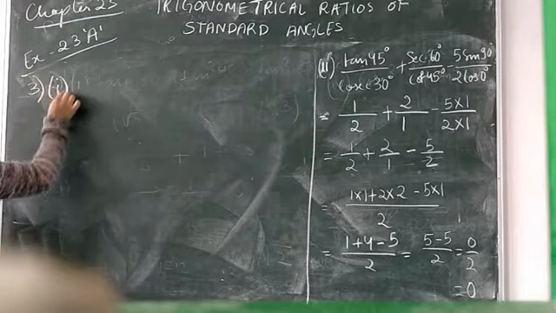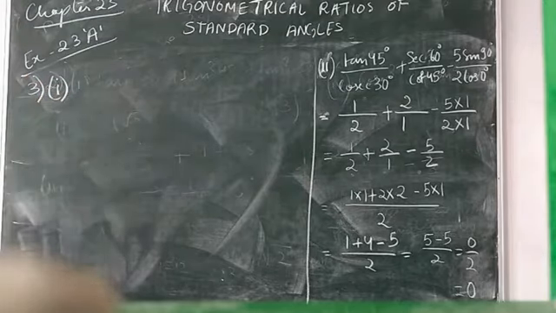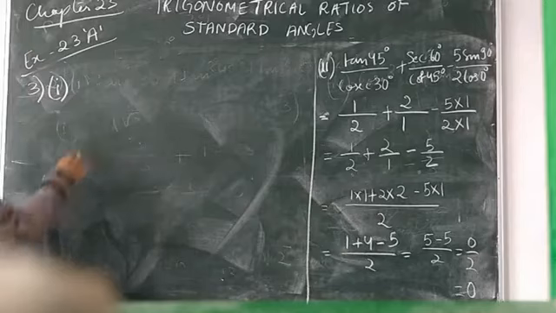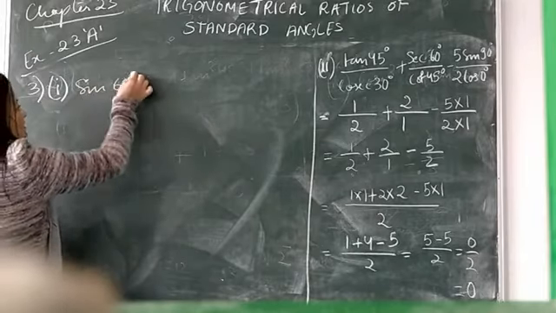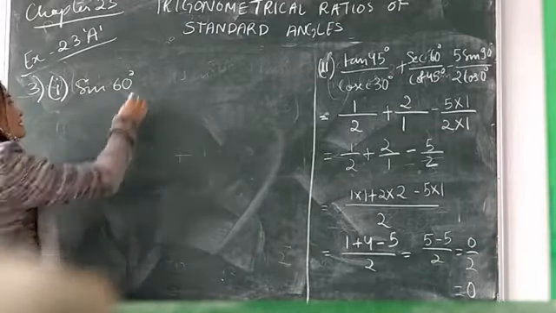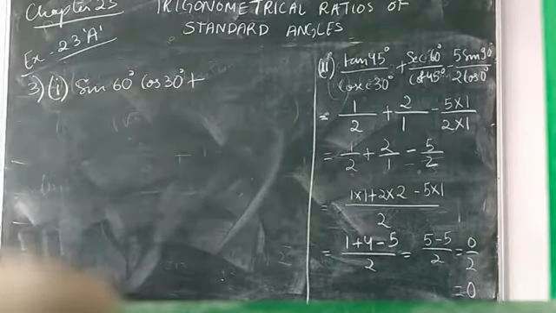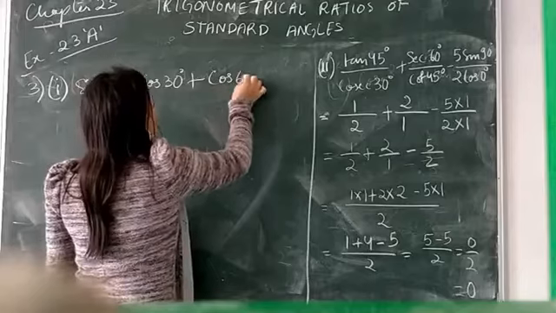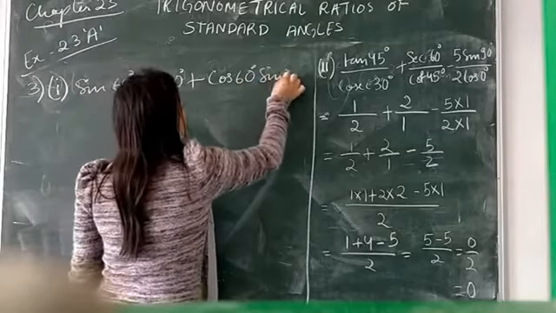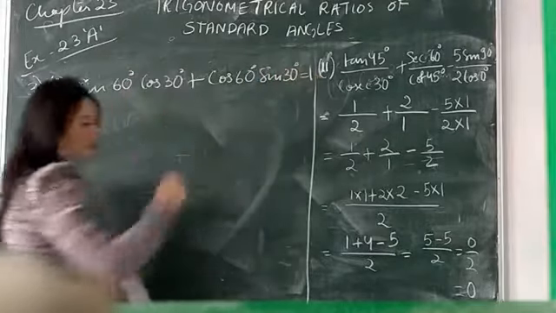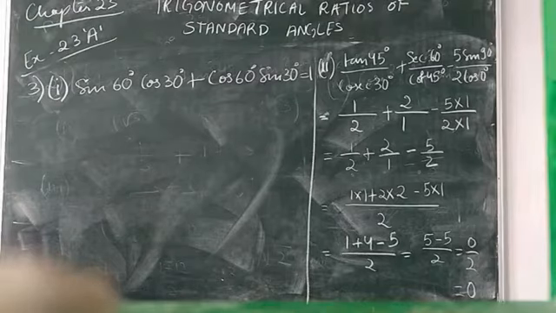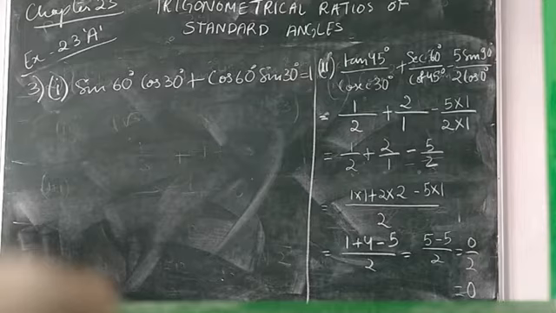So 3, number 1, the question says prove that sine 60 degree cos 30 degree plus cos 60 degree sin 30 degree is equal to 1. Okay, so we have to prove sin 60 cos 30 plus cos 60 sin 30 is equal to 1.